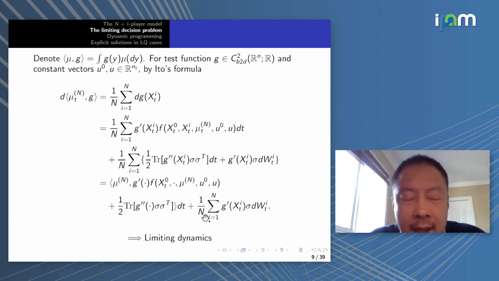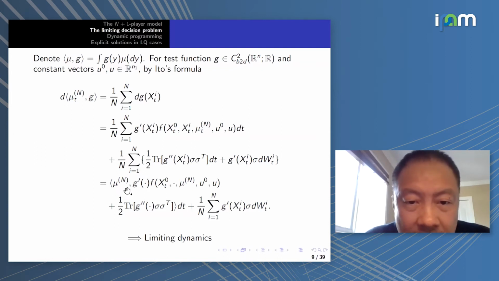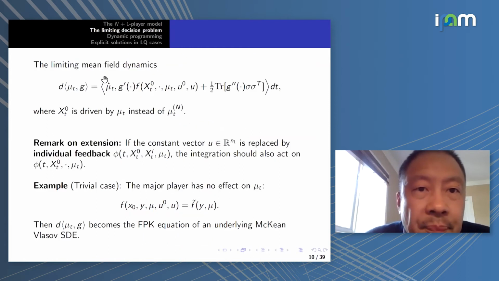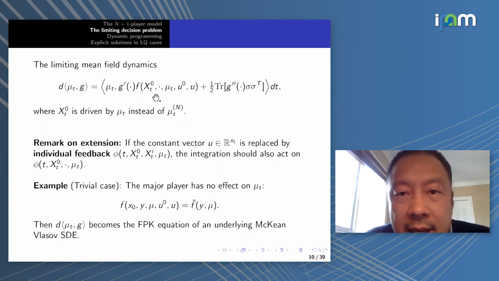That means we only have the leading term surviving when n is going to infinity. So this suggests we can introduce the limiting dynamics, and we can write it in this form. It's actually called an ODE in a weak form. We take this function g as a test function for the limiting distribution.